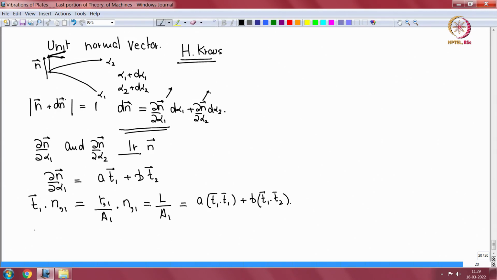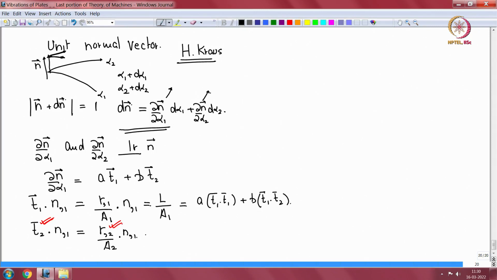Similarly, if I do T2 bar and dot it with n comma 1, then that is equal to r comma 2 by A2 dotted with n comma 1. If you remember, T2 is del r del alpha 2 divided by magnitude, which is A2, that is what is written over here.